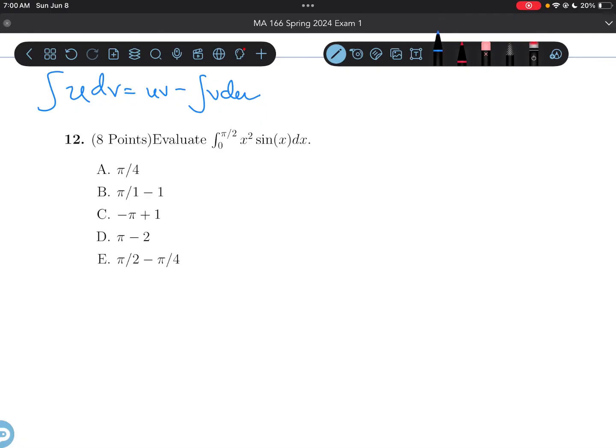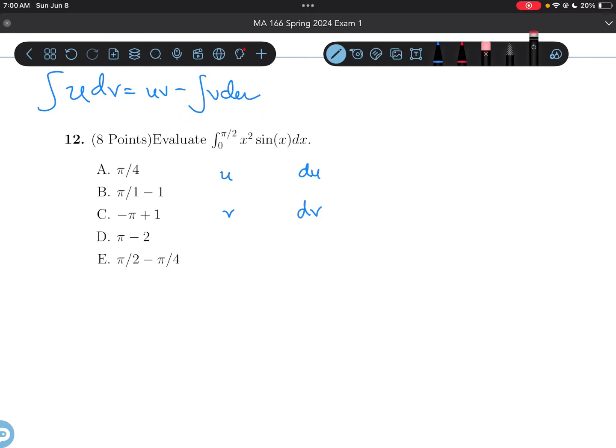How I usually start is I write down u, v, du, and dv. The hardest part about integration by parts is figuring out what you're going to set as u and what you're going to set as dv. One thing that can make it hard is that you have another integral over here.